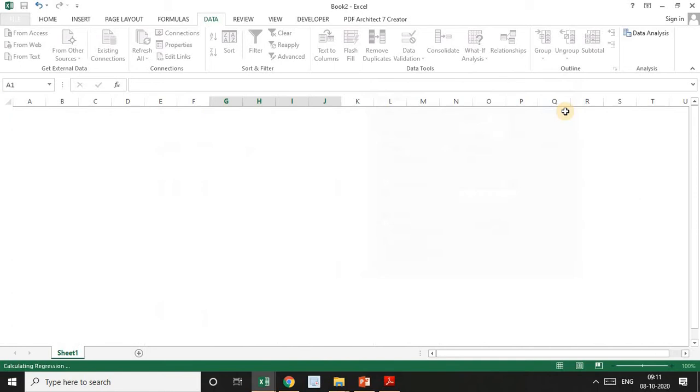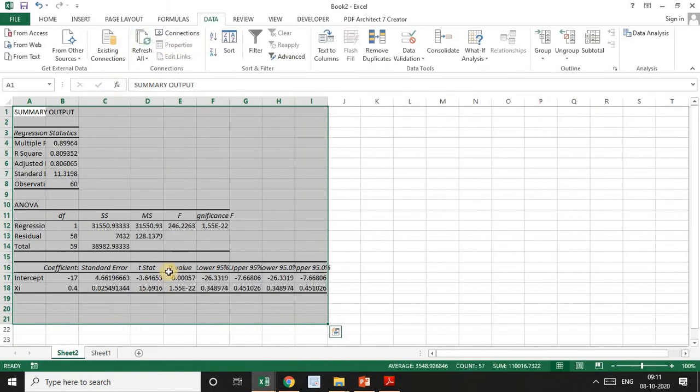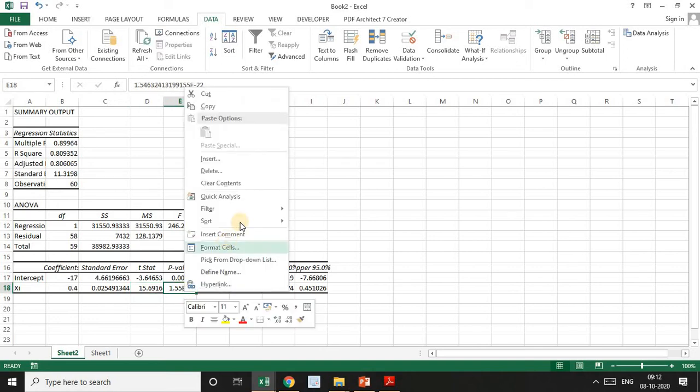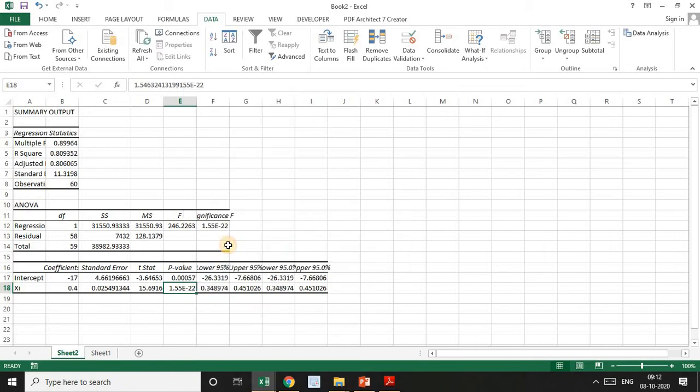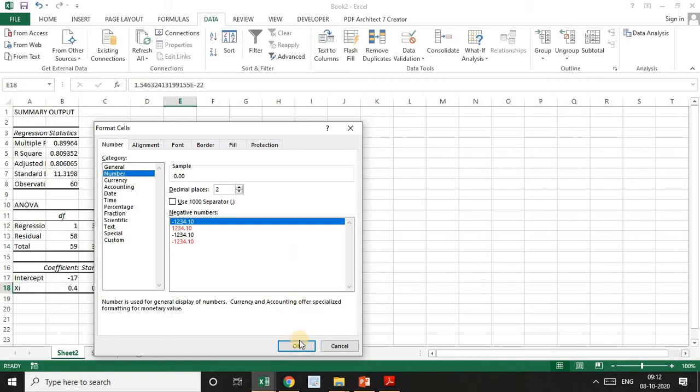Look at this t stat, it is 15.69. The p value is something like 1.55 e to the minus something, so if you format it as a number, it will show 0, I think.